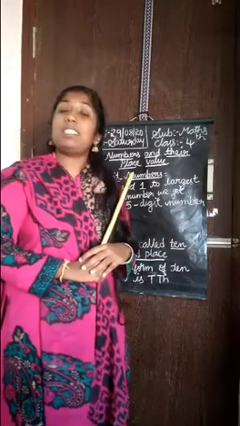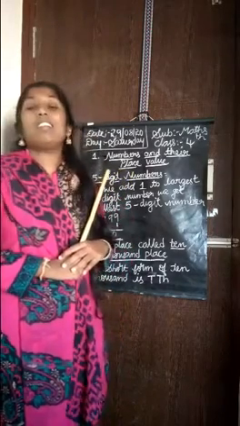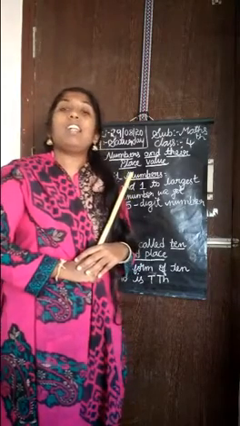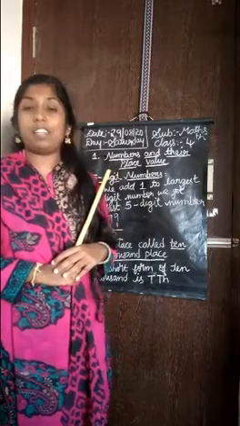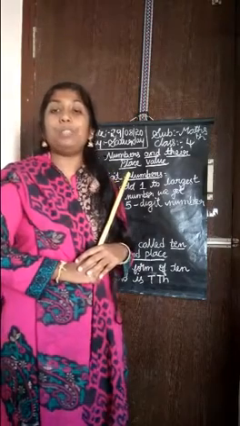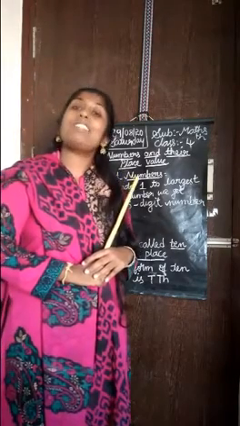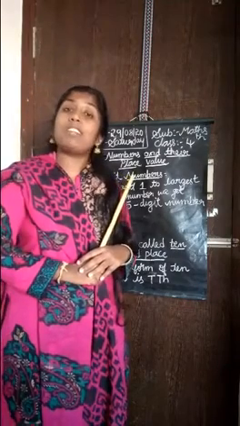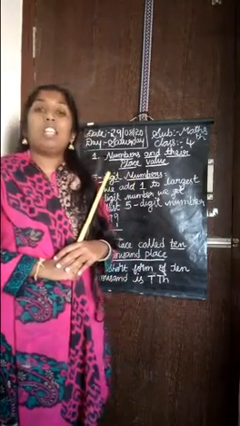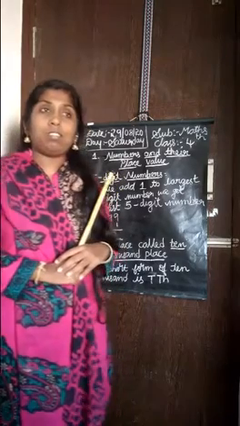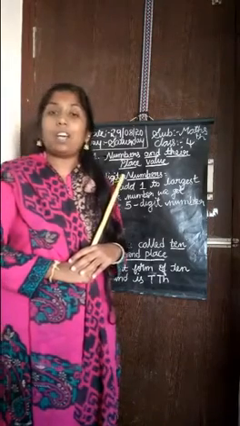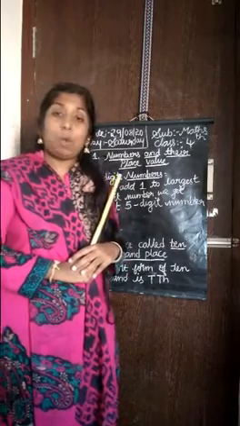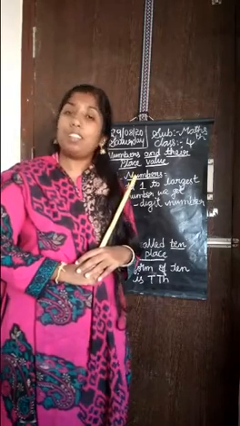Then, what is the largest 3-digit number? The largest 3-digit number is 999. Correct, no? If we add 1 to the largest 3-digit number, we get the smallest 4-digit number, right? 1000. 1000 is the smallest 4-digit number.